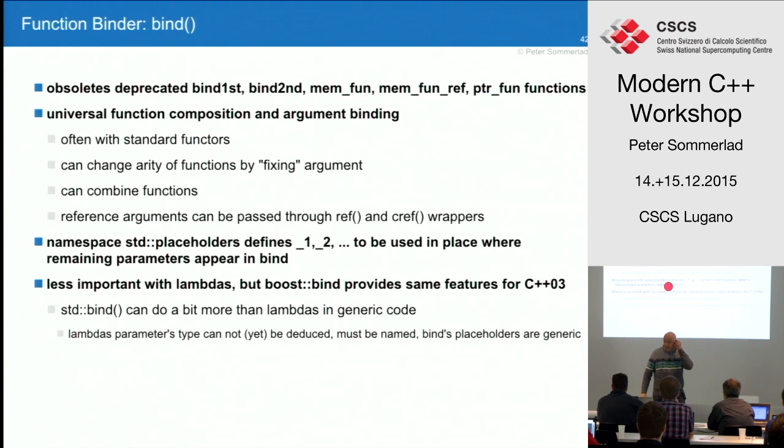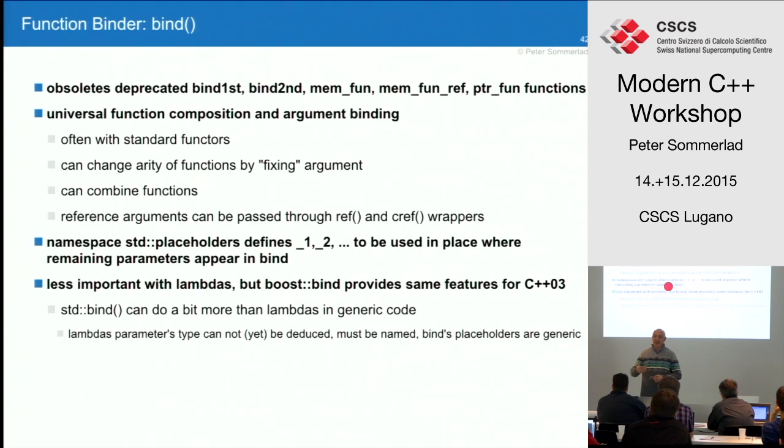I use them most often with standard function object classes. The standard provides function objects for all kinds of unary and binary operators. So for almost every operator that you find in the language, you get a corresponding class in the standard library, in the header functional, that implements this operator as a functor, so it implements the call operator, calling the underlying operator.